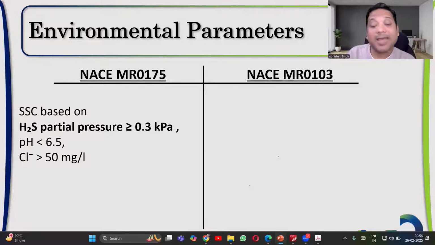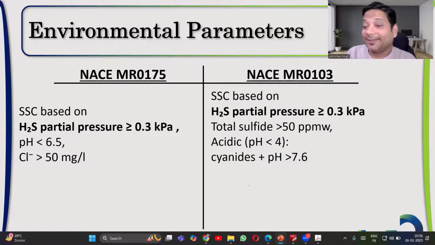You may have chloride presence, most of the time more than 50 milligram per liter, or 50 ppm if we consider the density equal. So mg per liter will become ppm. If we think about MR0103 refinery services, a partial pressure of 0.3 kPa is also given here as a limit.